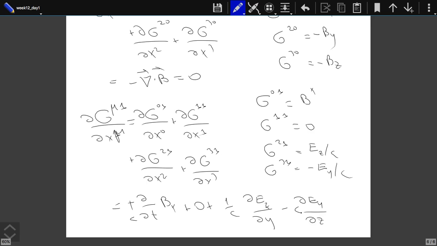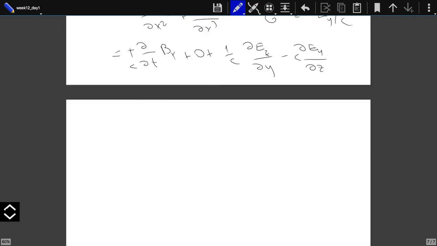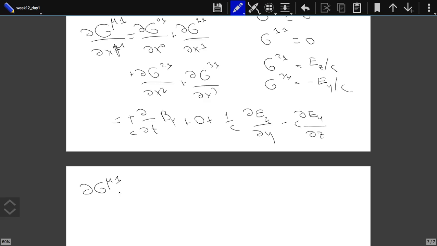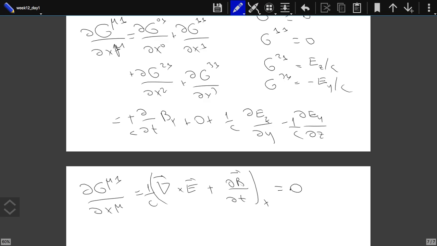So the derivative of G mu 1 with respect to x mu is nothing but the curl of E plus, let me take the 1 over c out, plus the derivative of B with respect to t, the x component. And the Maxwell's equation tells me that this should be 0. The del cross E term.